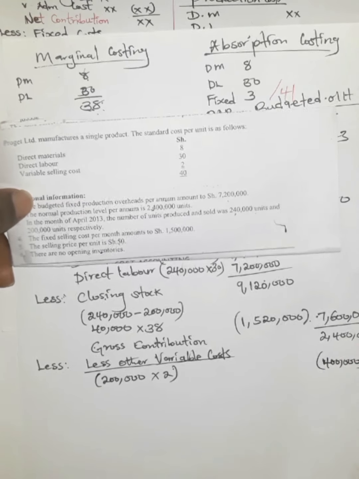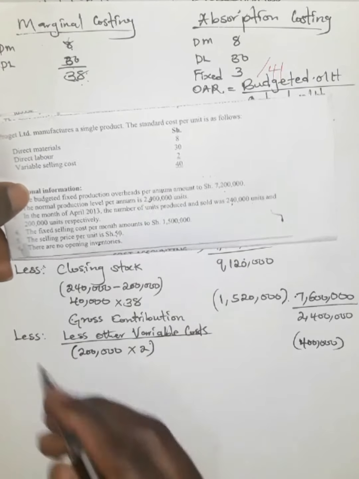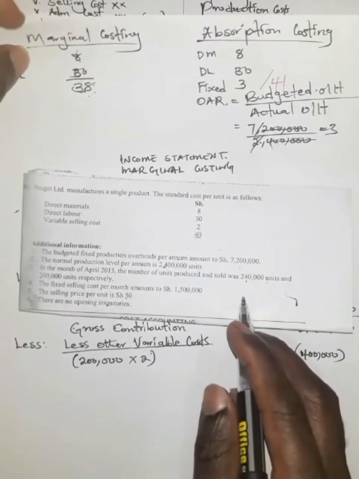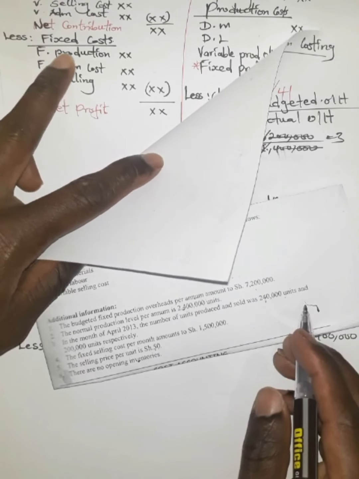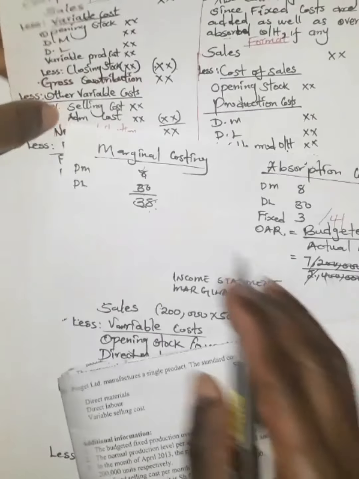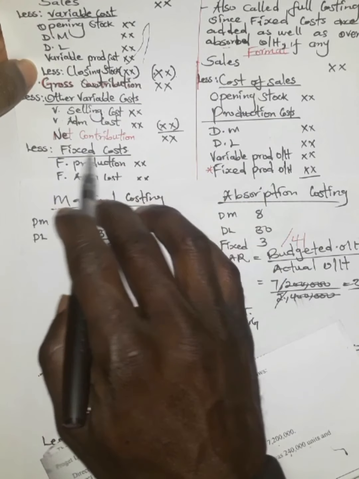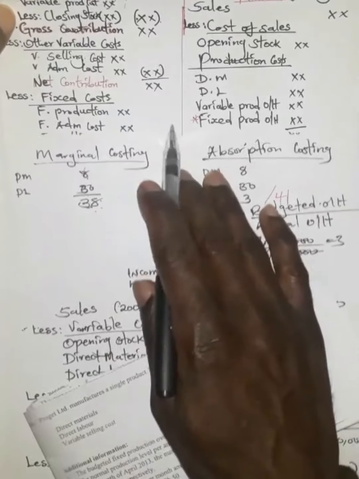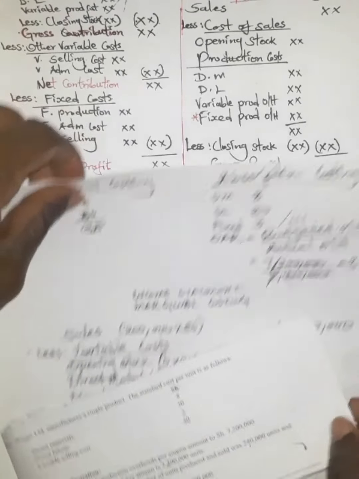We're supposed to less that one. Then after we don't have any other variable cost, we shall now go to the fixed cost. We only have the one variable cost. So after lessing the variable cost, we shall now less the fixed cost to be able to realize either there's a net profit or a net loss.